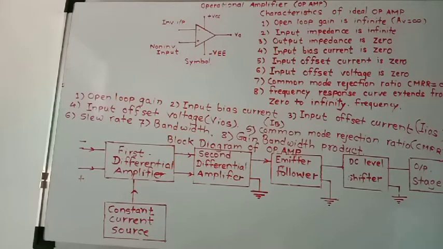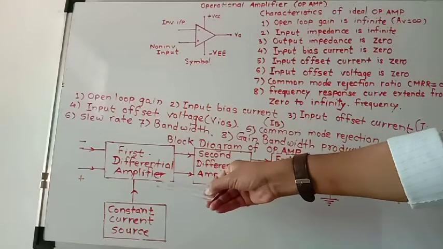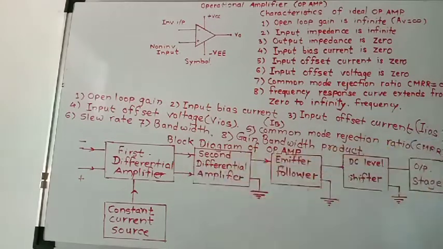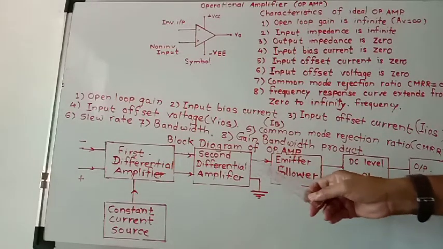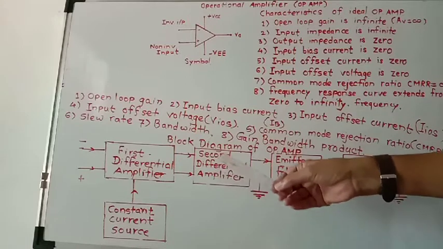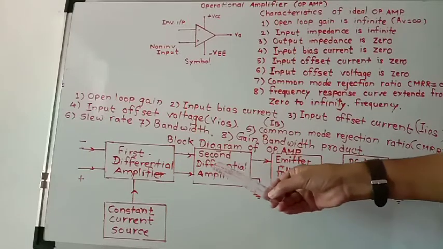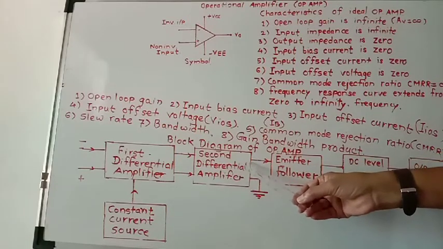The first stage of the op amp is a differential amplifier with a double-ended output, and the second differential amplifier has a single-ended output. So in the second stage, the output of the differential amplifier is only one.